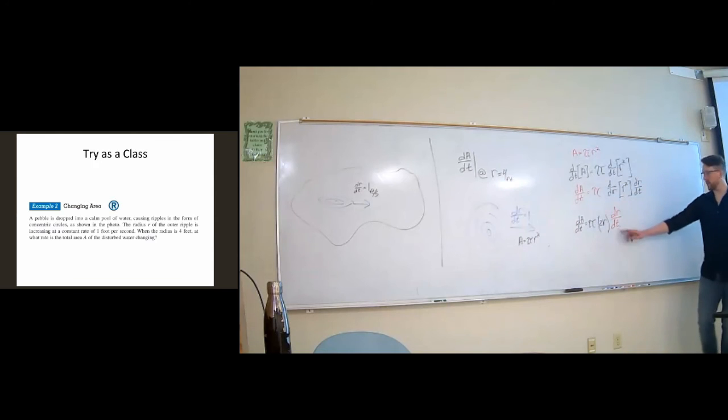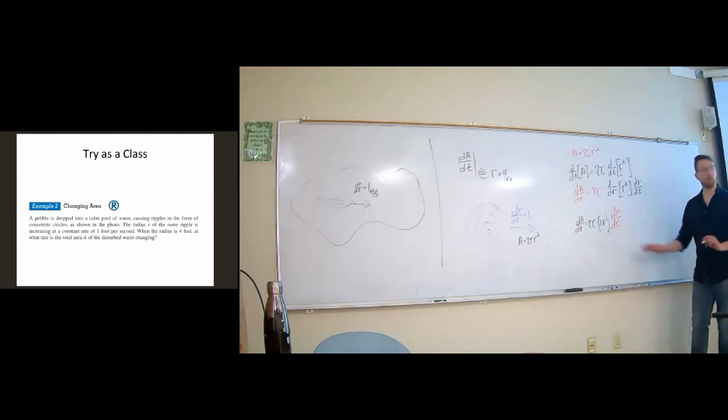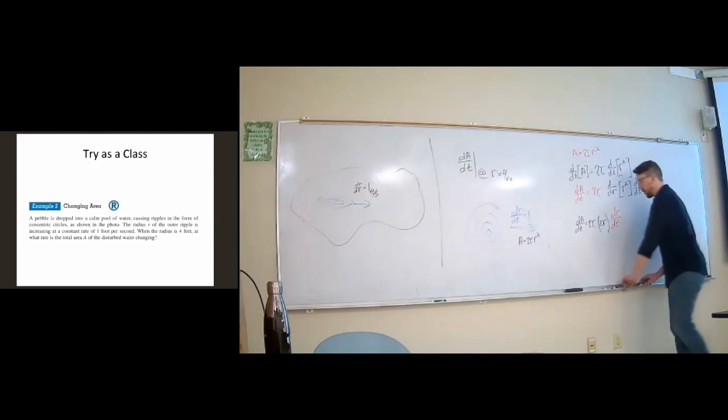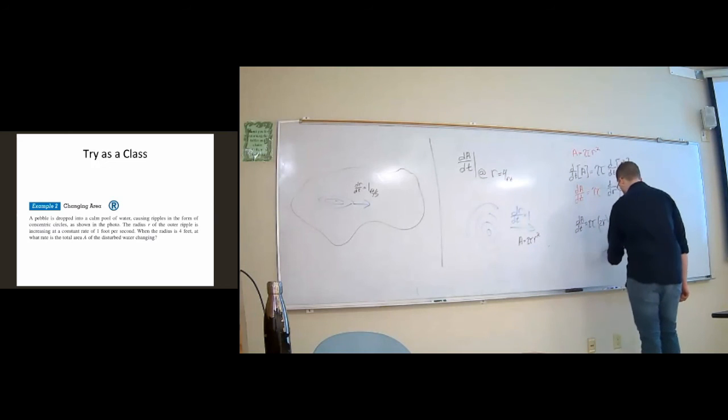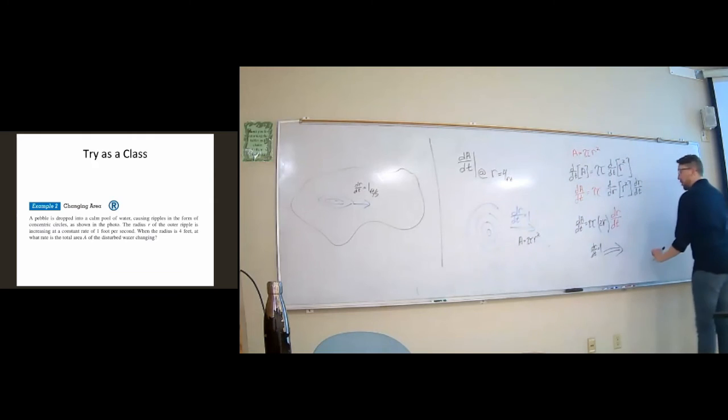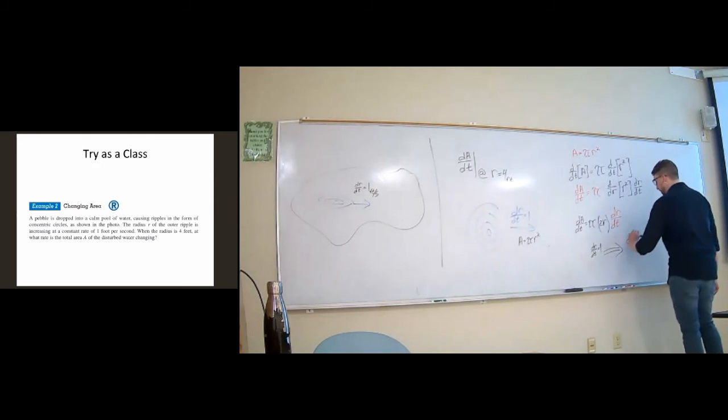Well, we know dr/dt is equal to 1. So dA/dt is equal to pi times 2r.